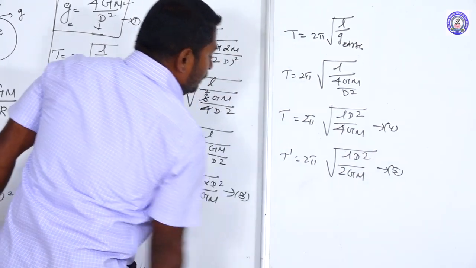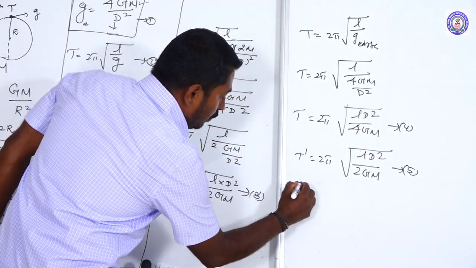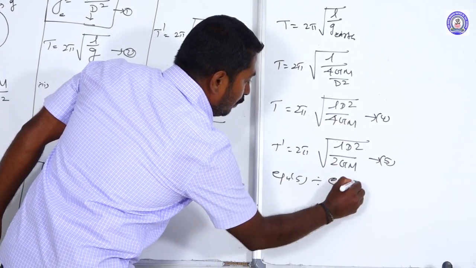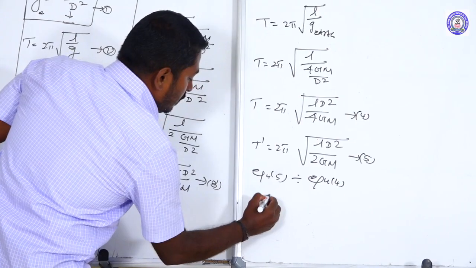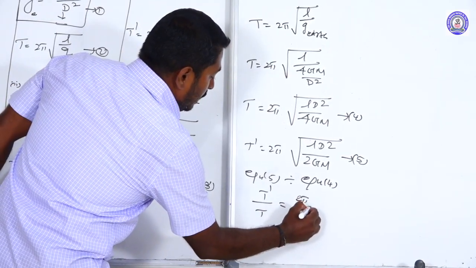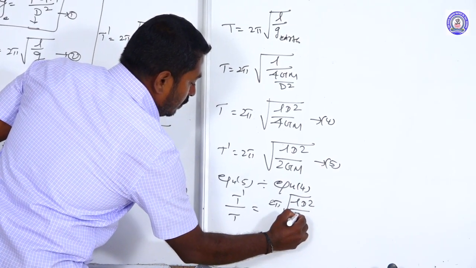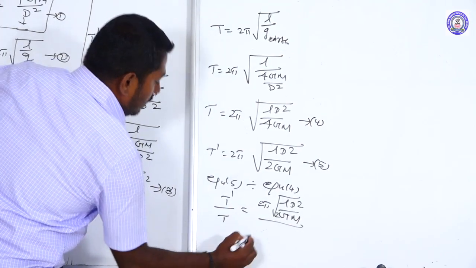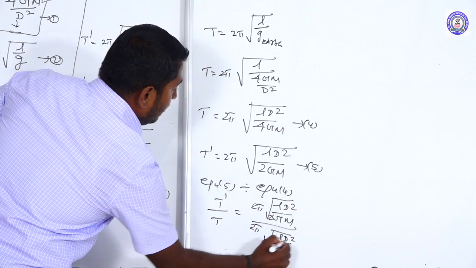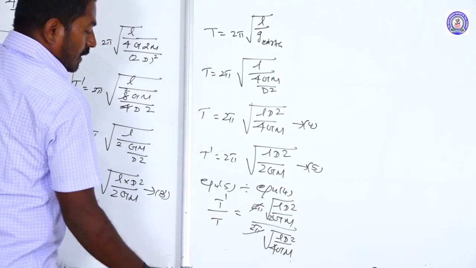Equation number 5. Now equation 5 divided by equation 4. So T prime divided by T is equal to 2 pi square root of L d square divided by 2GM, divided by 2 pi square root of L d square divided by GM. 2 pi gets cancelled.